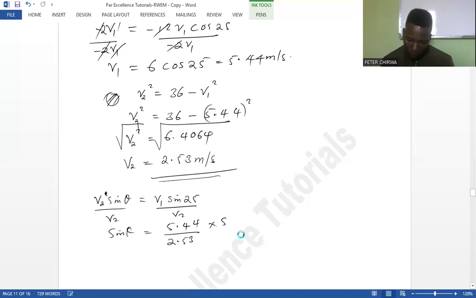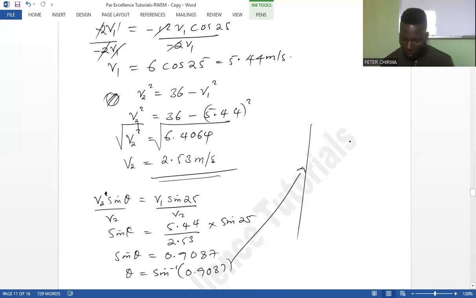So sine theta is going to be 0.97. So finding the angle, we have theta equal to sine inverse of 0.9087. So that theta is equal to 65.3 degrees.